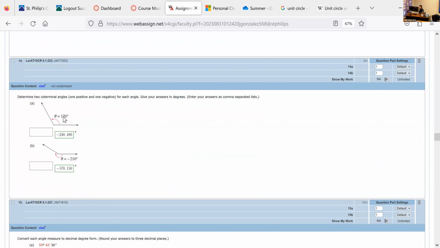So these three angles, 120, negative 240, and 480, all land right here. If you work it out or draw it out, you'll see it's the same thing. These three are the same, but we don't say necessarily equal, we say that they are coterminal. They land in the same location.